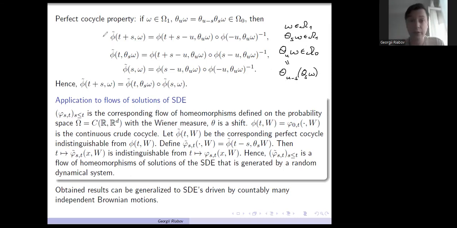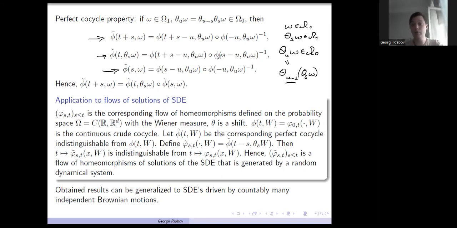Then by definition, this is phi tilde of t plus s. Phi tilde of s is computed by the same expression, and phi tilde of t evaluated at theta s omega is defined as follows. So we must subtract exactly u minus s. So this is phi t plus s minus u, theta u omega composition phi s minus u, theta u omega inverse.